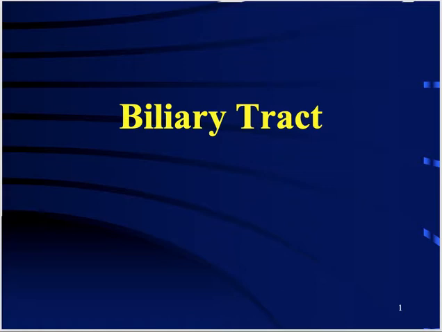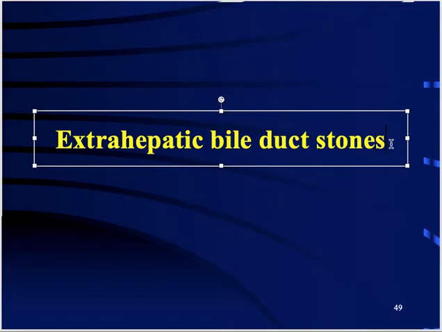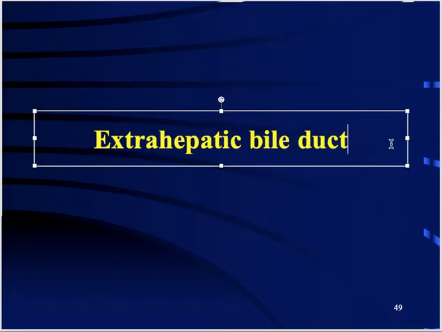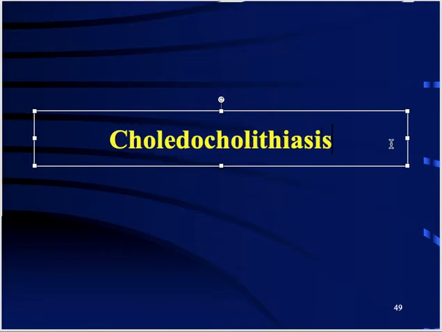the bile ducts, or what you can say the extrahepatic ducts. Of course, intrahepatic are within the liver, and extrahepatic are outside the liver. So whenever there is a stone outside the liver, in the common bile duct, we call it choledocholithiasis.